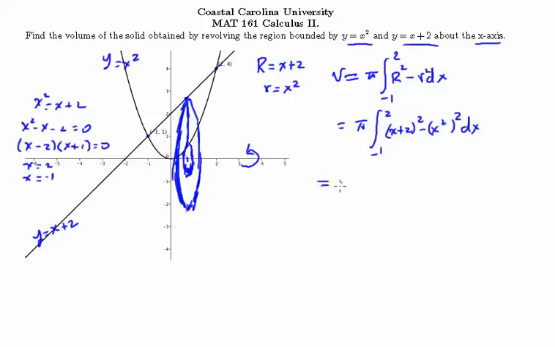and that gives you the integral from -1 to 2 of x to the 4th. You need to FOIL this. So let's FOIL this properly. X plus 2 quantity squared is x squared plus 4x plus 4.